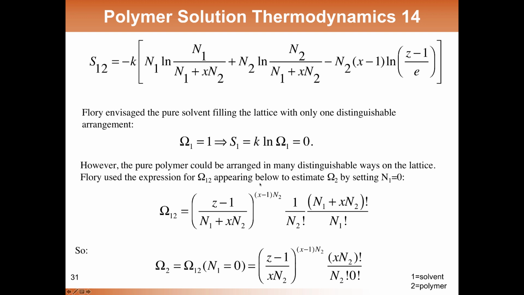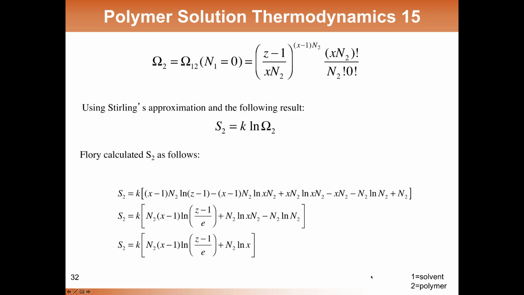And so Flory just took the same expression he had used for laying down the polymer segments one by one on a lattice that has n1 sites for solvent and xn2 sites for polymer. He used that same expression, but now just set n1 equal to 0. And so he calculated the number of ways of laying down the polymer segments based upon the expression he used for the case where solvent were present, and he just set the number of solvent sites equal to 0 for that calculation.